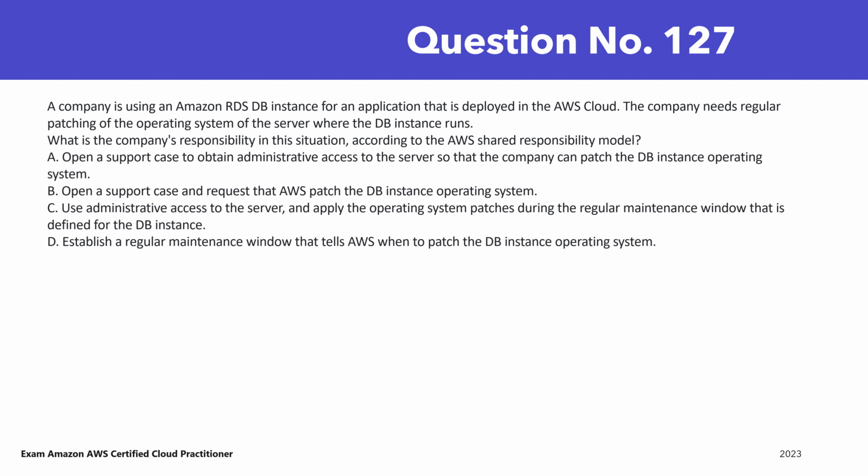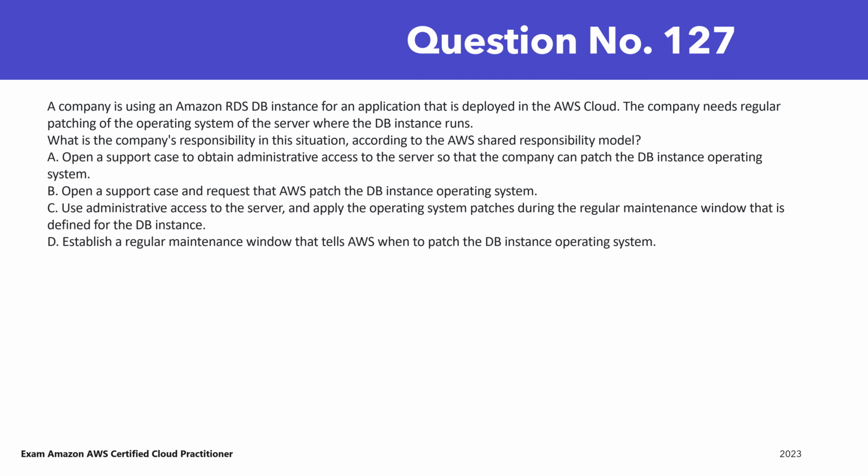A company is using an Amazon RDS DB instance for an application that is deployed in the AWS Cloud. The company needs regular patching of the operating system of the server where the DB instance runs. What is the company's responsibility in this situation, according to the AWS Shared Responsibility Model? A. Open a support case to obtain administrative access to the server so that the company can patch the DB instance operating system.